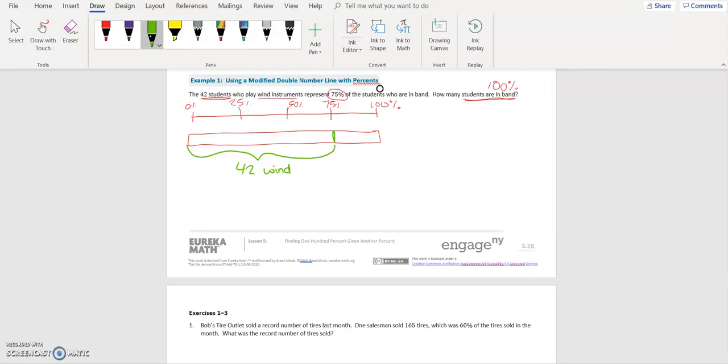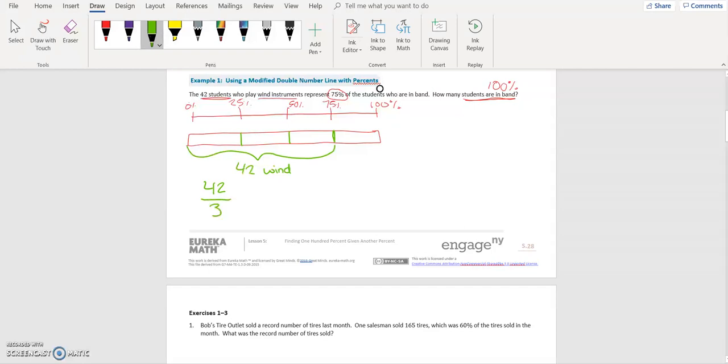So we can break this up into 25%. So within this 42, we have 3 25% pieces. And so therefore, we're going to take that 42 and we're going to divide it by 3.